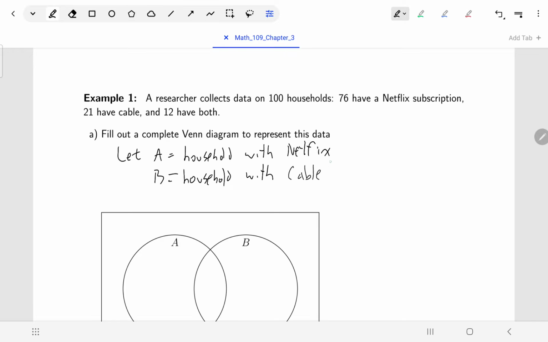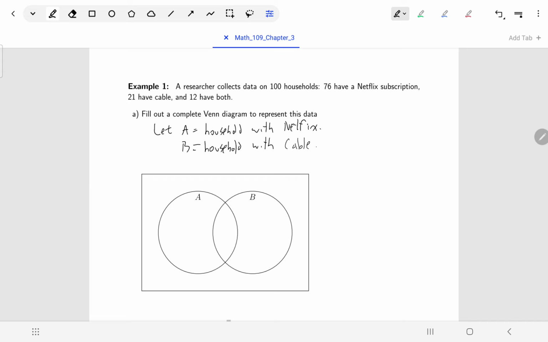Okay, so I'm just going to write some things down on the side, which you don't necessarily have to do, but I think it's nice to write out what we've been given. We know that there's 76 things inside of A. There are 76 households with a Netflix subscription, so the size of set A itself is 76.